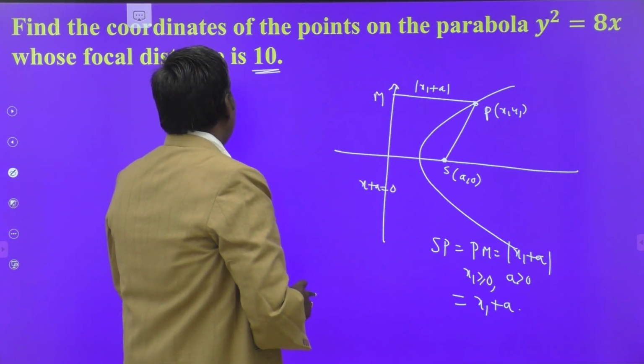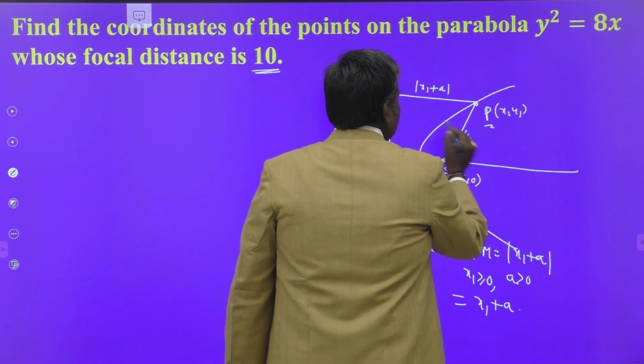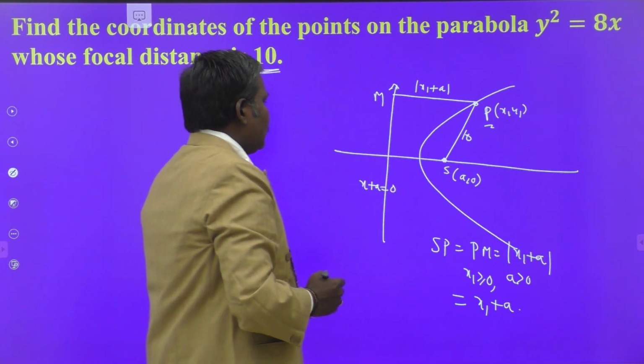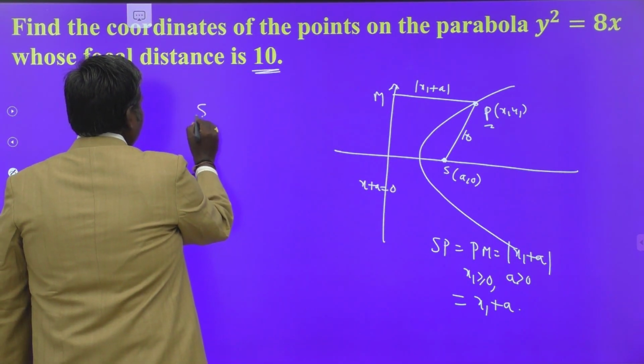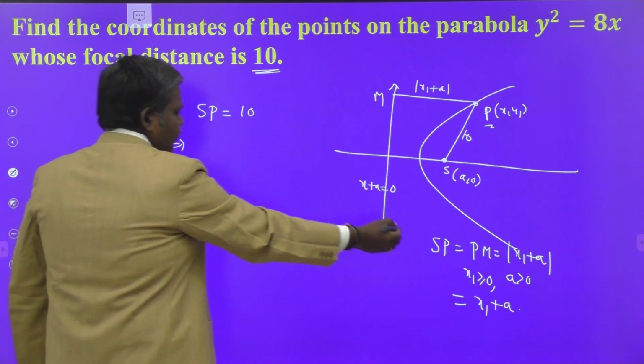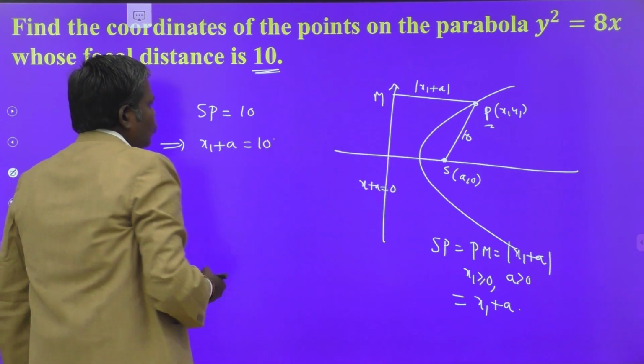Now we have to find the coordinates of the point P in such a way that the focal distance is 10 units. SP is equal to 10 for our problem. What is SP? By the derivation itself, x1 plus a is equal to 10. How to start that one?